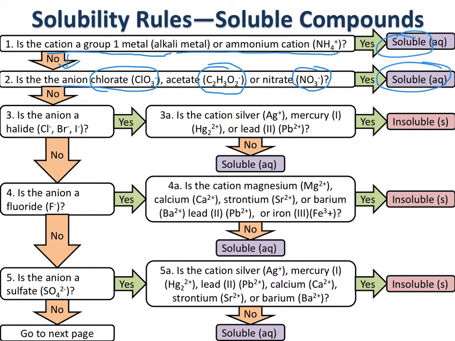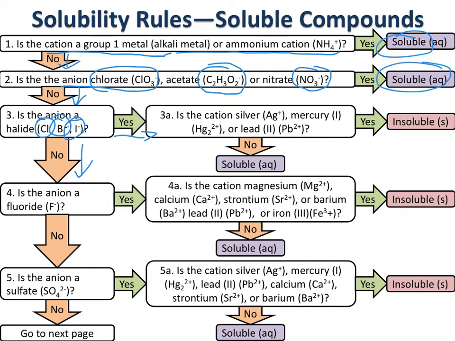If the answer is no, then go to question 3. Question 3. Is the anion a halide, chloride, bromide, iodide? If the answer is yes, then go to question 3A. If the answer is no, skip to question 4.